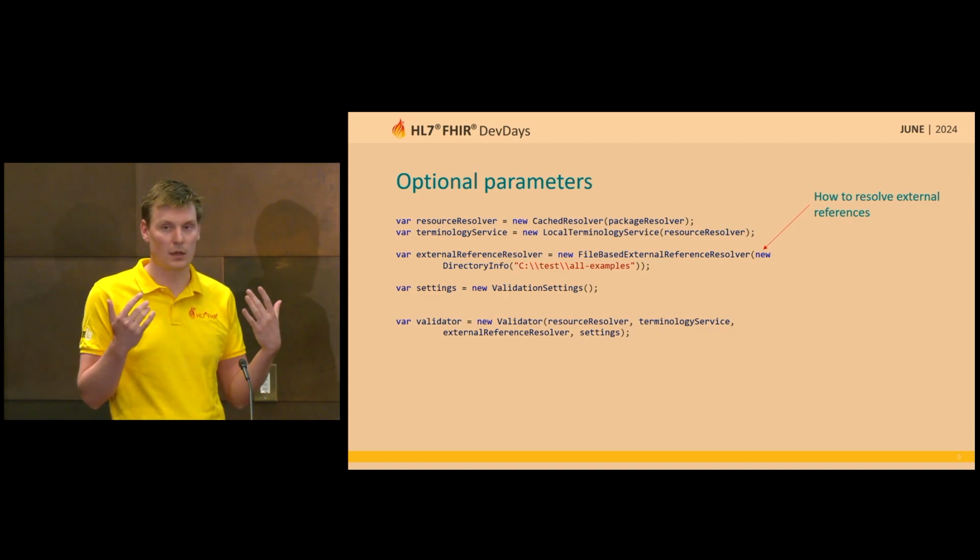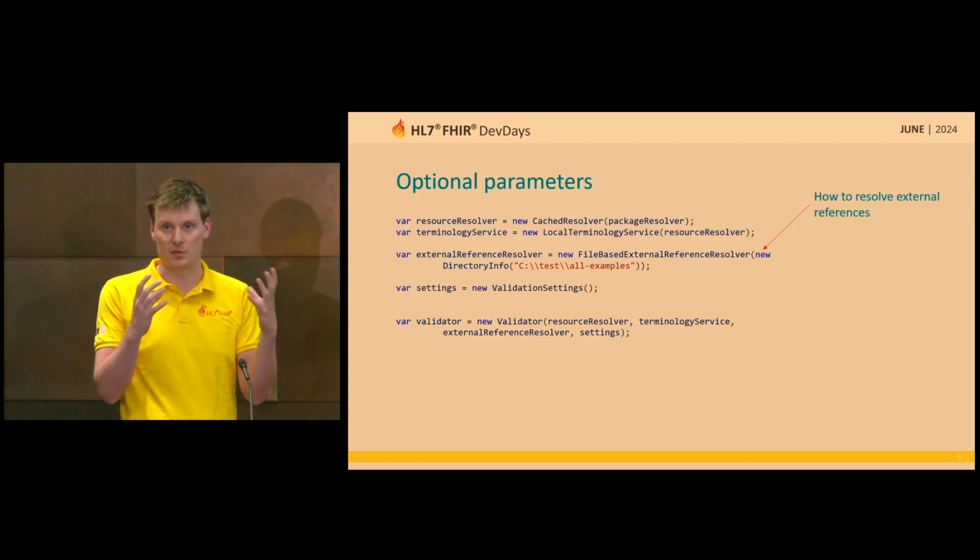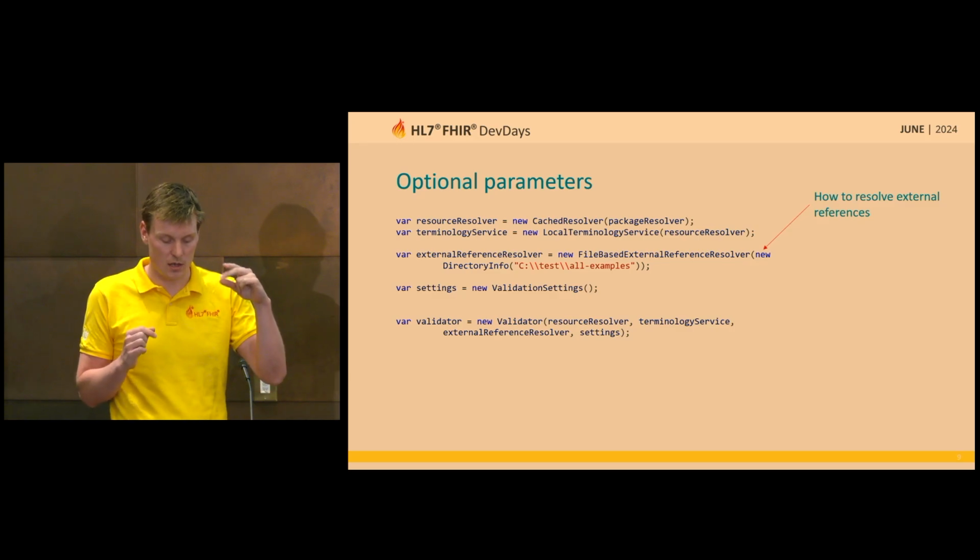It may sound a little bit complicated, but for example, if you have an observation resource which has a subject that points to a patient resource, optionally, you can also let the validator validate that patient resource as well. So, for example, in US Core, you will have an observation, and they have a rule that the subject has to be a US Core patient. And they will have a reference to that patient. And the validator can follow that reference, find your patient, and see if it's actually a US Core patient. So it knows that your observation actually referenced a correct patient.